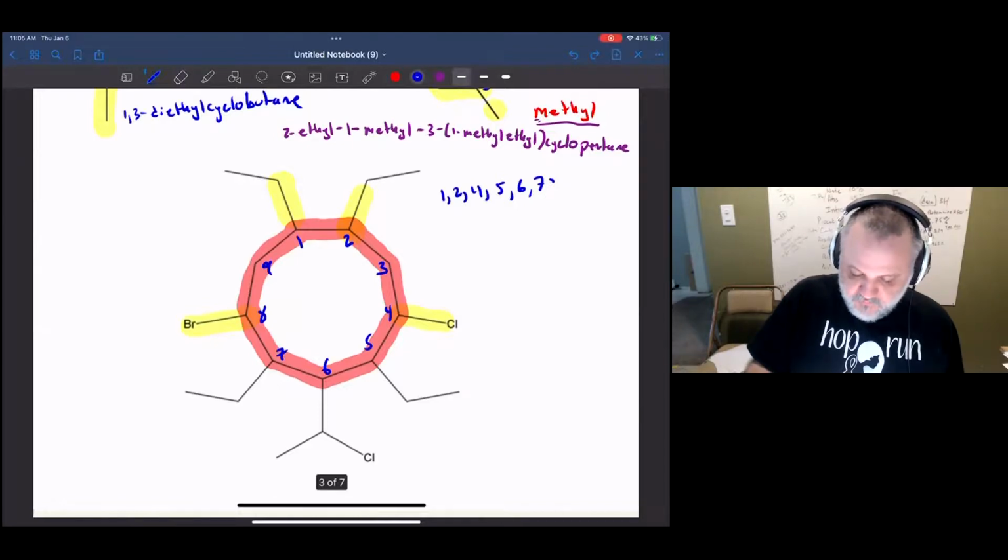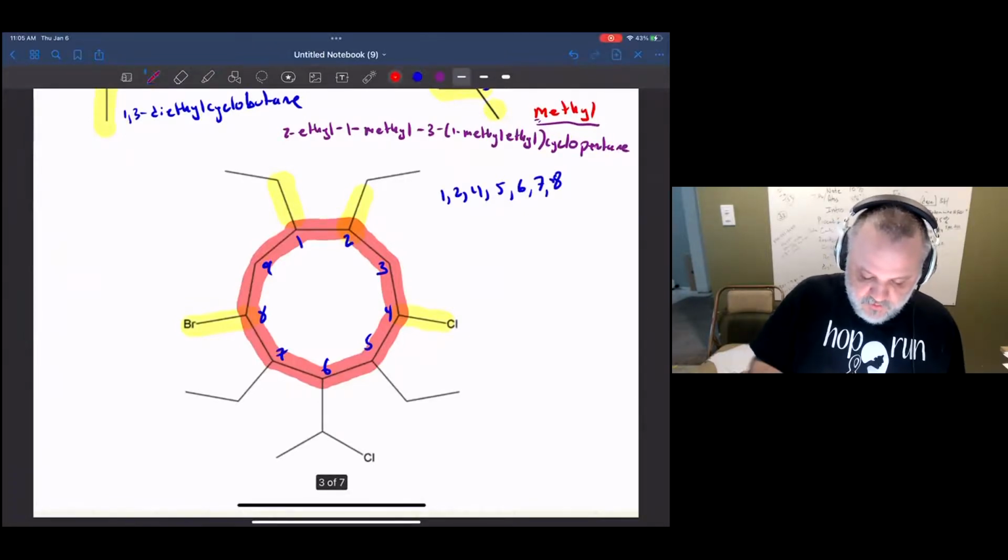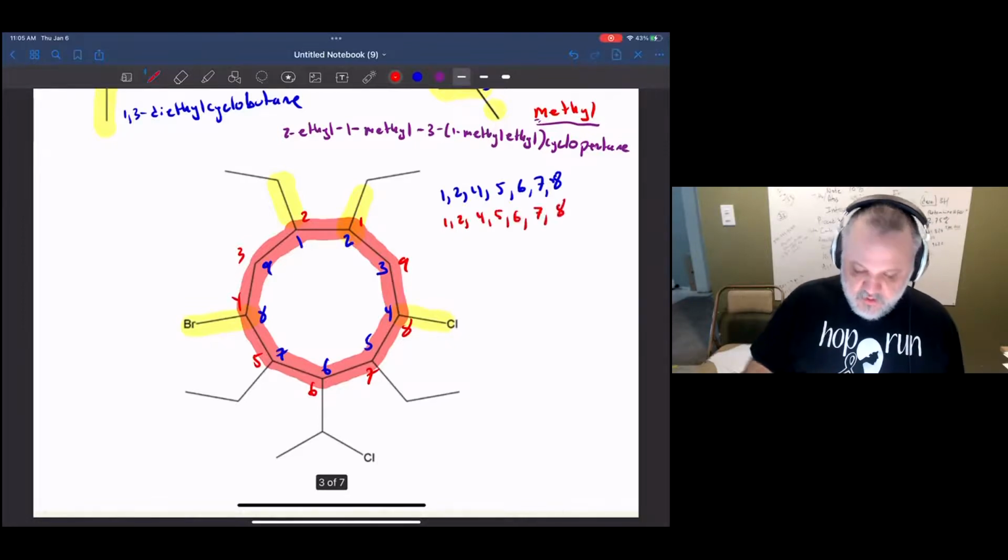So again, 1, 2, 4, 5, 6, 7, 8. If I start with this one and go 1, 2, 3, 4, 5, 6, 7, 8, 9, I get the same set of substituents, 1, 2, 4, 5, 6, 7, 8. Okay, let's compare a different direction.